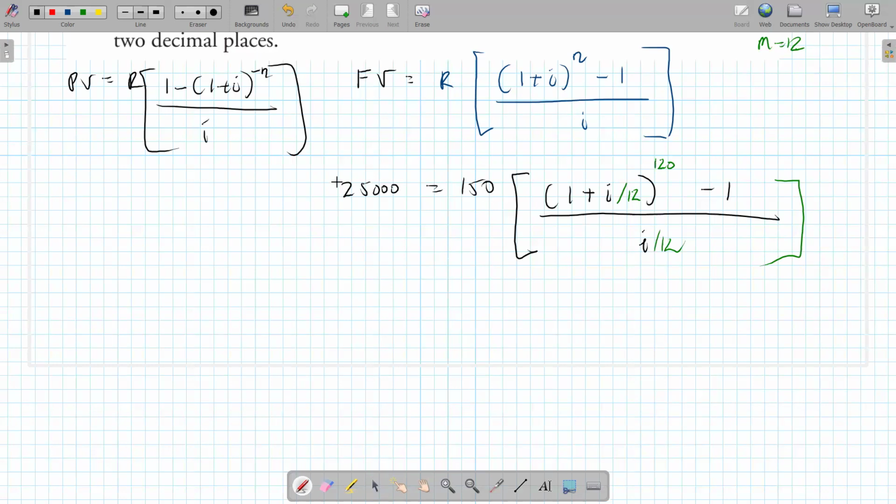Let's kill the 150, divide by 150. That's the easy thing to do. That gives us 166.67 is equal to, what's the next part?